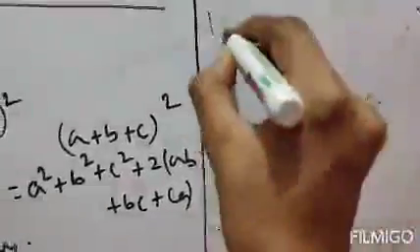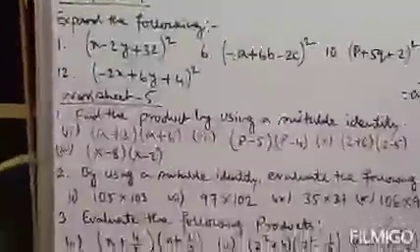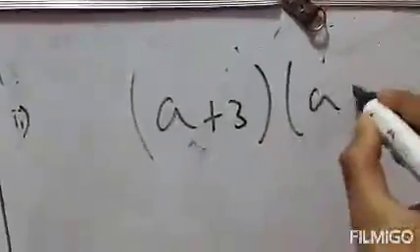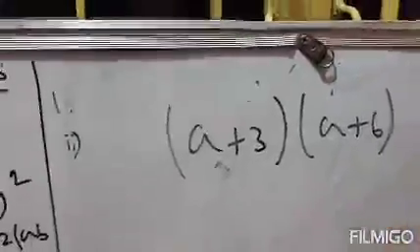Worksheet 5, question 1 says: find the product using a suitable identity, (a plus 3)(a plus 6). Now recall the first identity.